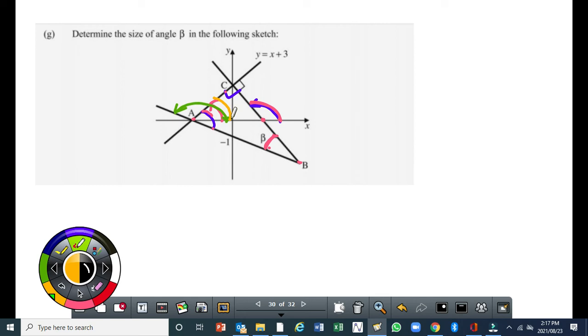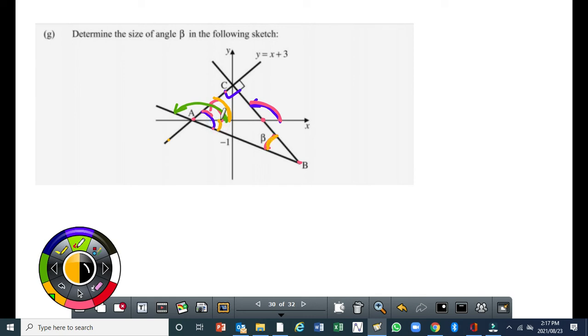So, it means I can find the size of this angle. All I need is the gradient of this line to find that angle, right? But remember, I need to find beta. So if I want to find beta, I may need to know the size of this small angle here.